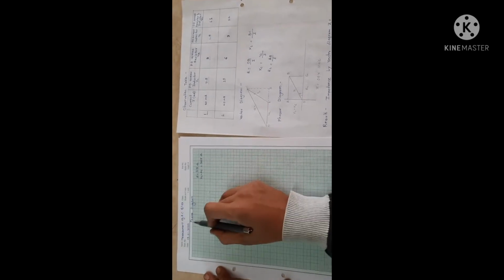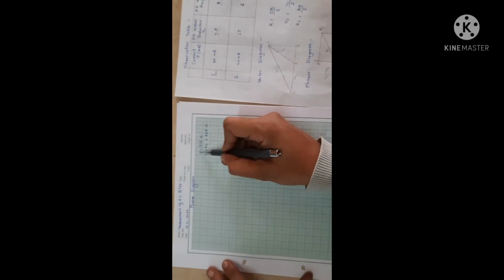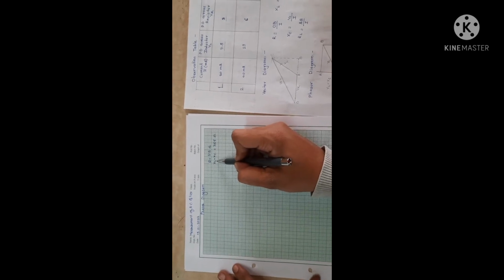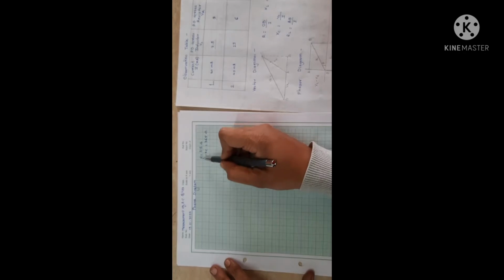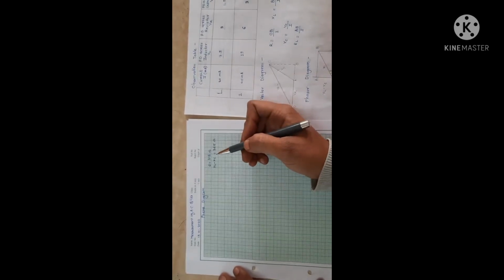In order to draw the phasor diagram, on the x-axis we are going to draw R, and on the y-axis we are going to draw XL minus XC, which is 365 ohm, and R is 315 ohm.